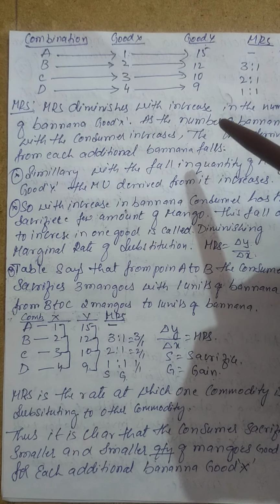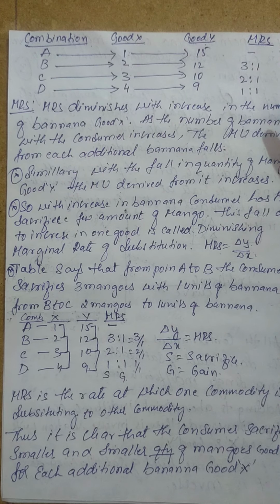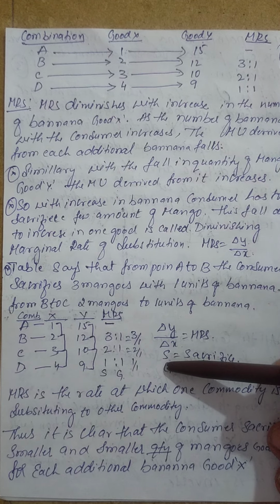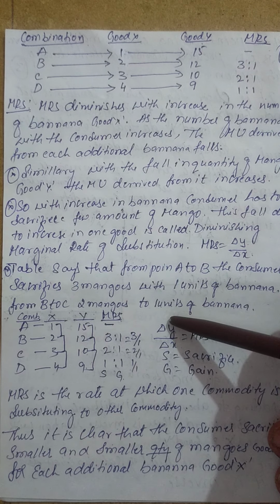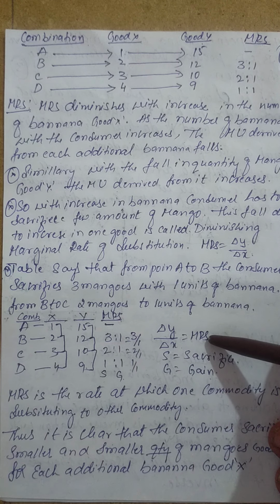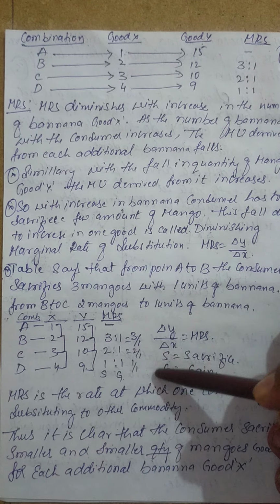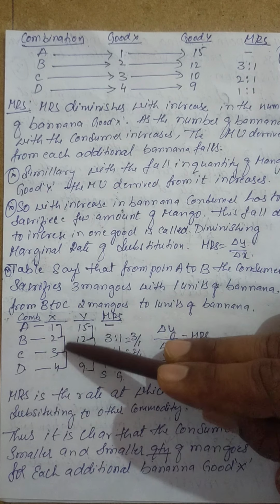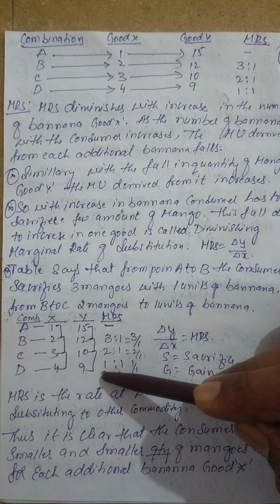So this is nothing but what we call the rate of sacrificing nature. So MRS can be calculated. I have shown it here in these combinations. See here, it is nothing but change in delta Y divided by delta X, which leads to the MRS. So what is the change here? Every change taking place here is 1 unit, 1 unit, 1 unit, isn't it? This is the X good and this is the Y good.